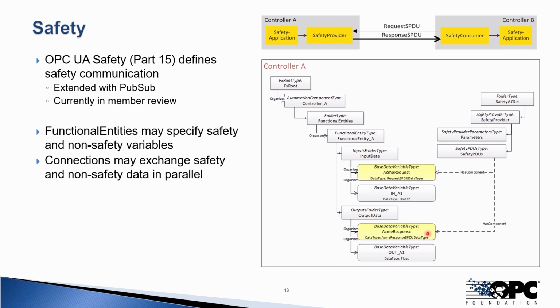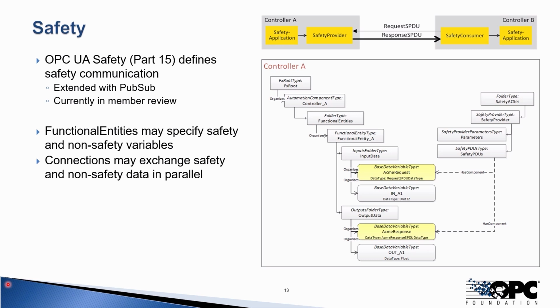If we now combine safety with FX, it means safety variables, meaning the request SPDU and the response SPDU, are also organized by the input data and the output data of the functional entity. So both safety provider and functional entity input data point to the same instance of a base data variable.